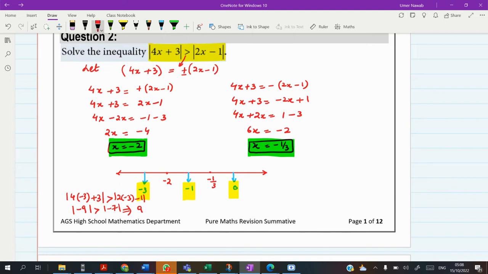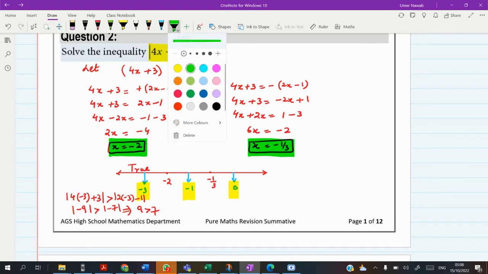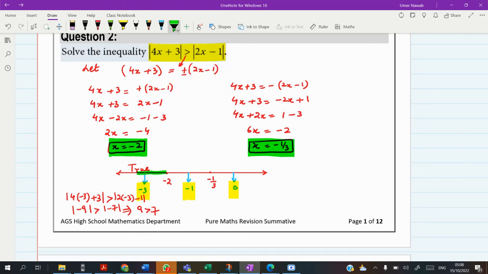So do you think 9 is greater than 7? The answer is yes. So this is true. The x less than minus 2 represents your region. So let me show you here. So this is your true solution.